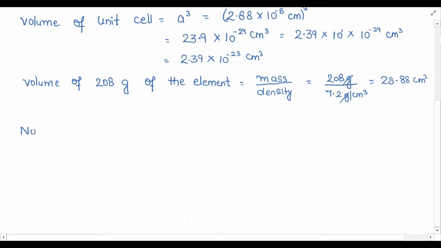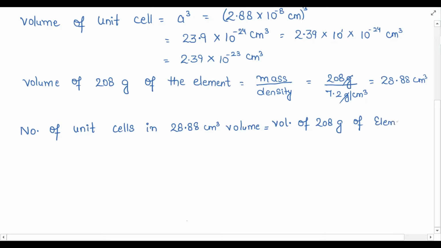Now the next step is you have to find the number of unit cells in this volume. So the number of unit cells in 28.88 centimeter cube volume is equal to the volume of 208 gram of element divided by the volume of 1 unit cell, right?